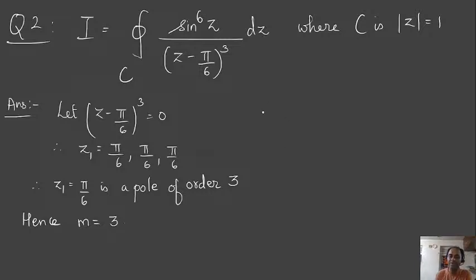Now we also check whether this pole is inside the circle or not. So pi by 6 is inside the circle. Pi as a decimal value is 3.14 and so on.